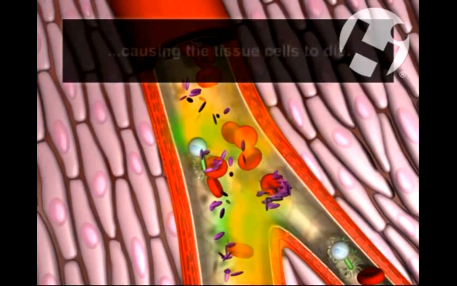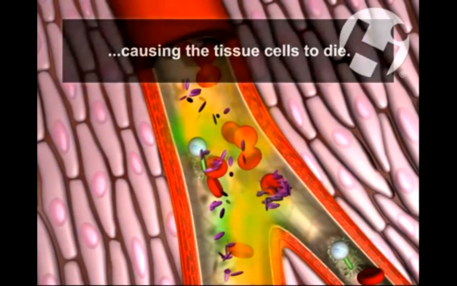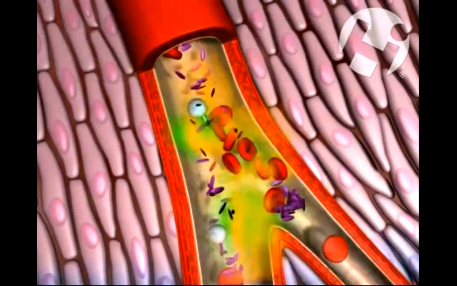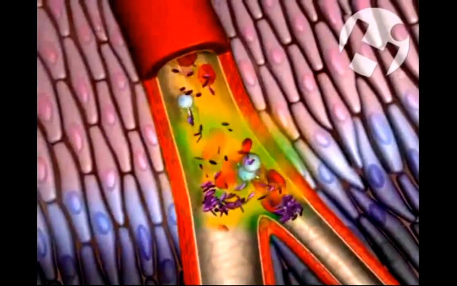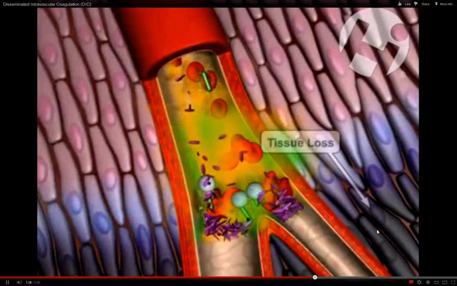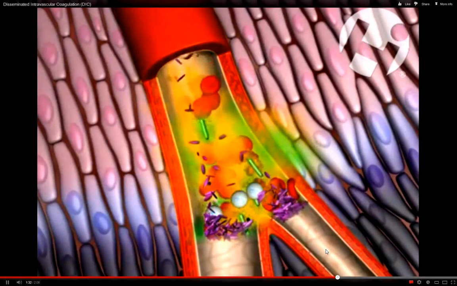There's clots forming. So think what that would do to blood circulation. So now we've lost blood flow to this area. That would decrease or stop oxygen delivery.